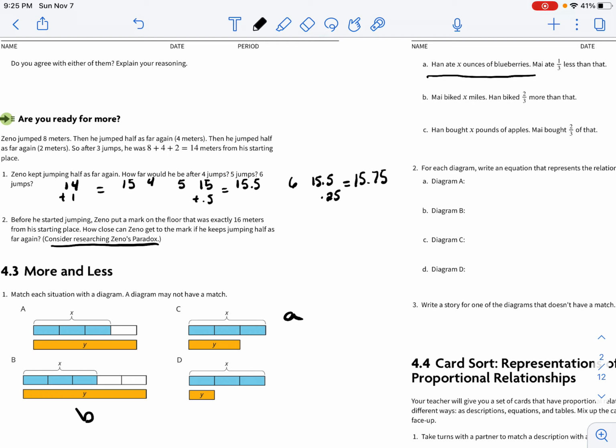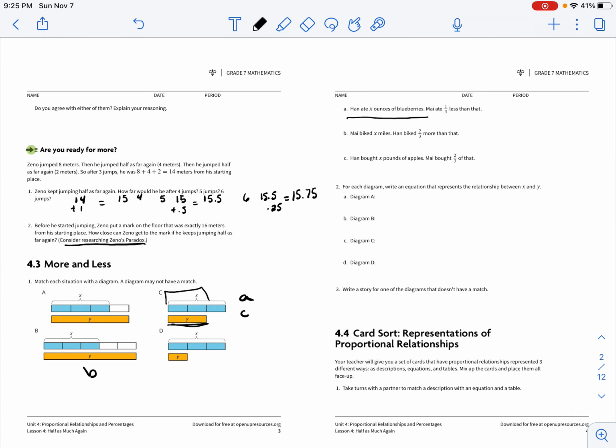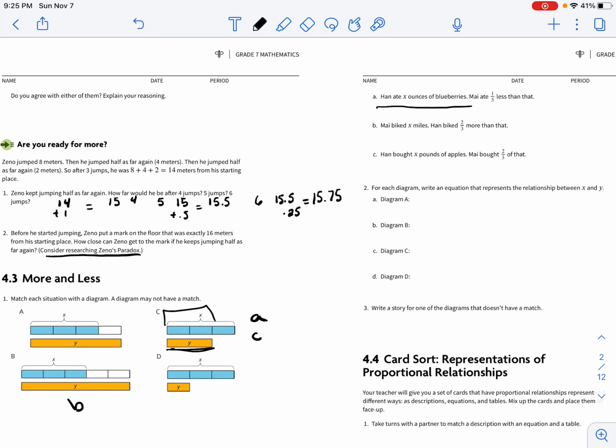Han bought X pounds of apples. Maya bought 2/3 of that. So once again, C would go with C as well, because 2/3 of the original is this Y right here. It encompasses those 2 out of the 3 altogether, so that's 2/3. So that's just looking at tape diagrams and connecting them with each one.